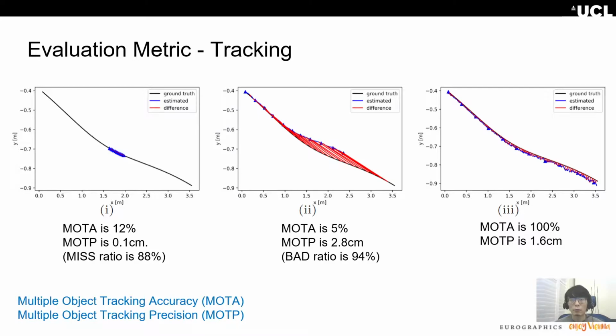The partial detection shown in example 1 has a low NOTA because it only detects a part of the trajectory. The second example shows good detection but poor tracking, so the NOTA is still low. The third example shows a complete trajectory and also accurate estimation, so it achieves the best NOTA.